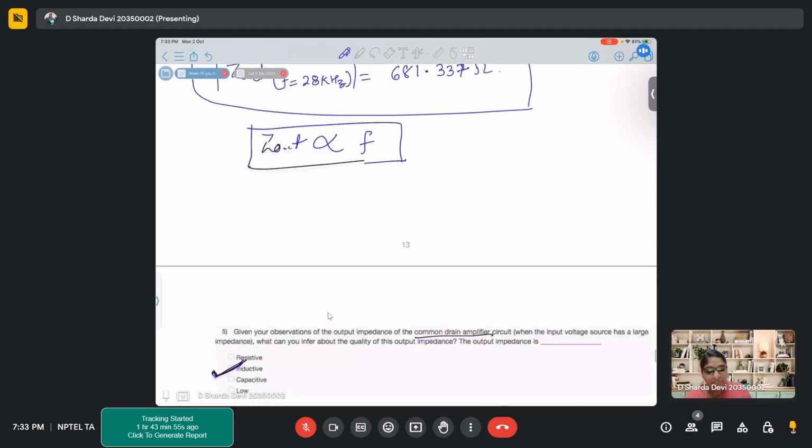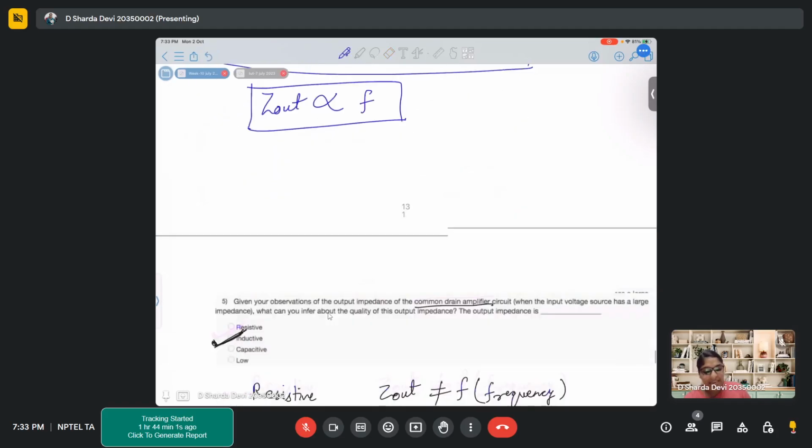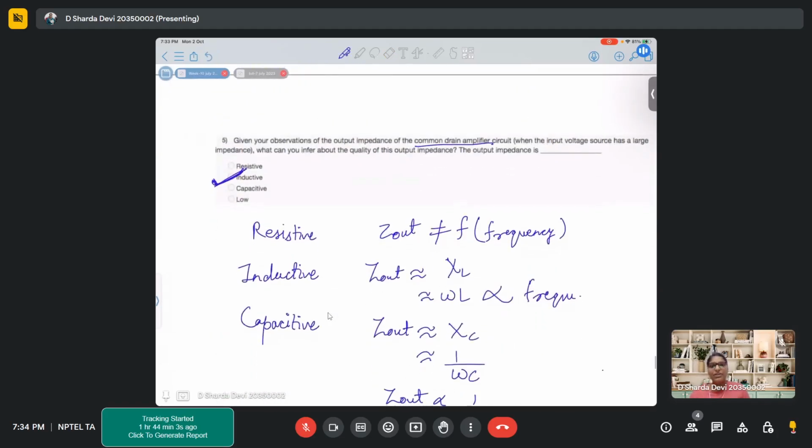Because we observed that Z out was increasing with increasing frequency, and in inductive behavior we observe this directly proportional behavior with frequency. That's how your common drain amplifier shows an inductive response for output impedance.